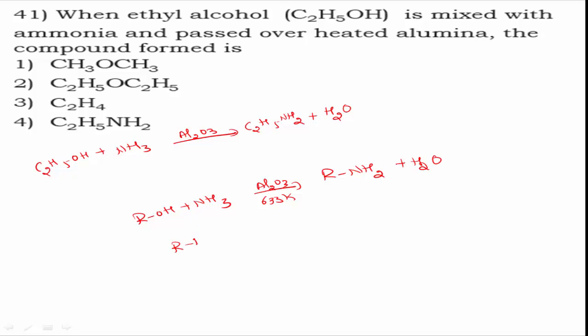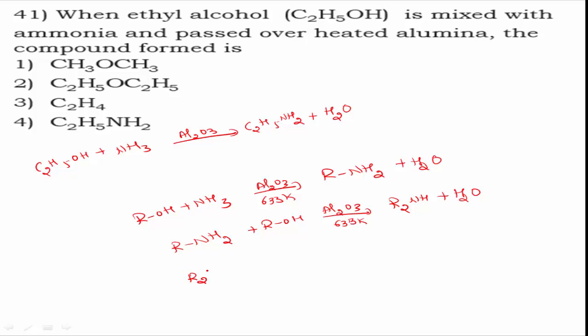Similarly, this primary amine RNH2, when treated with alcohol in presence of Al2O3 at a similar temperature of 633 Kelvin, gives R2NH plus H2O.